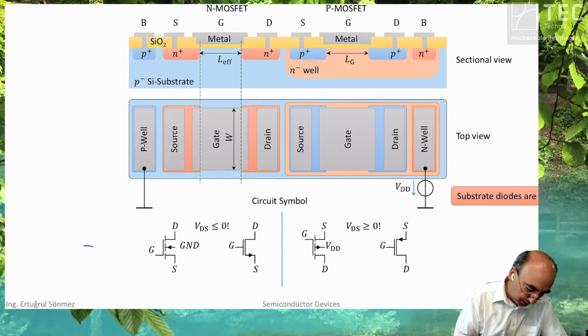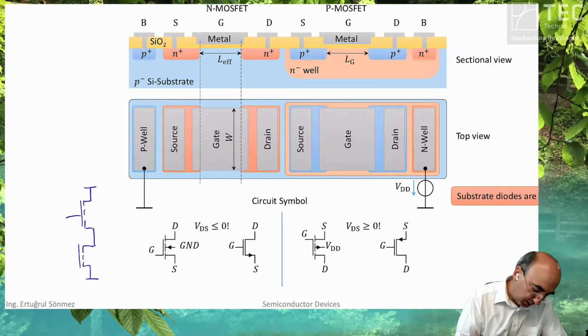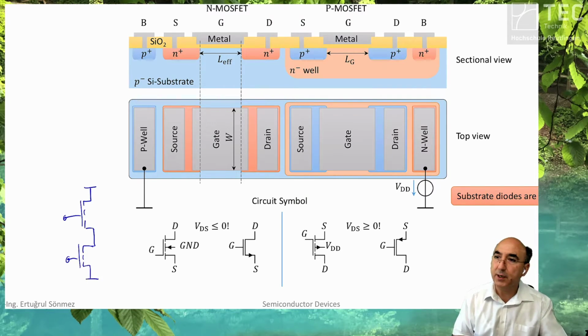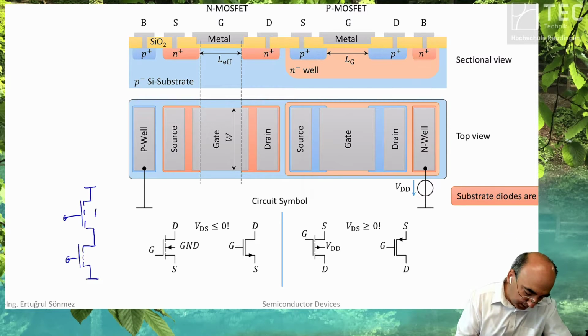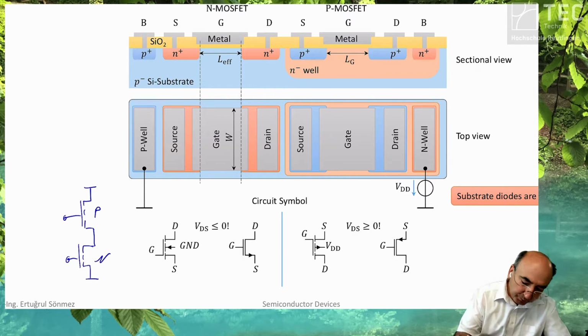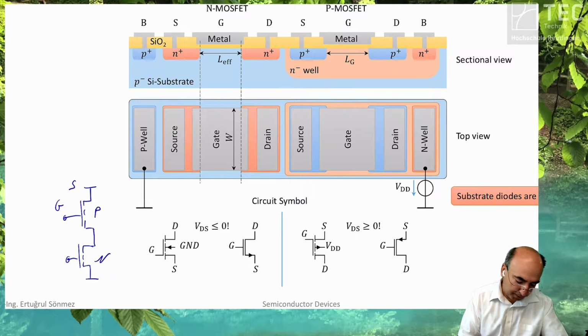Now I'm just drawing a very common circuit in integrated circuits or also in power electronics. It's a half bridge. This is a p-type and this is an n-type, for instance. You can control this gate source of the p-type.